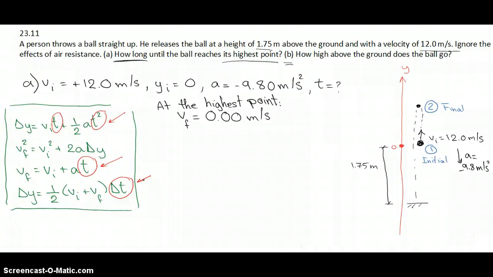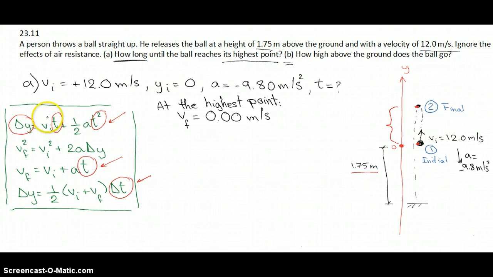Do I know delta y? I don't. Be careful, girls. Delta y is not the 1.75 meters. Delta y is the displacement between the initial point and the final point that I'm studying. So this is delta y, and I don't have that.